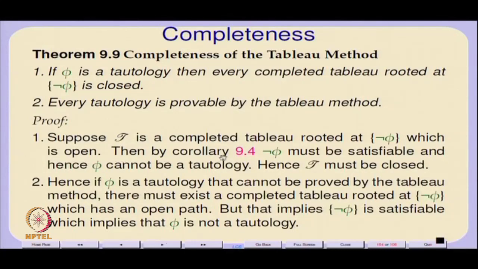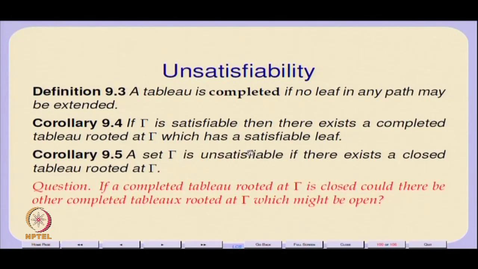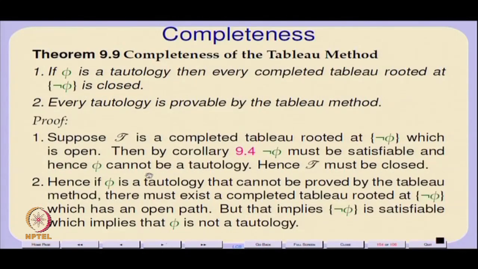If it is open, then by Corollary 9.4 it has a satisfiable leaf, which means that phi cannot be a tautology. Therefore, if phi is a tautology, then this tableau must be closed.